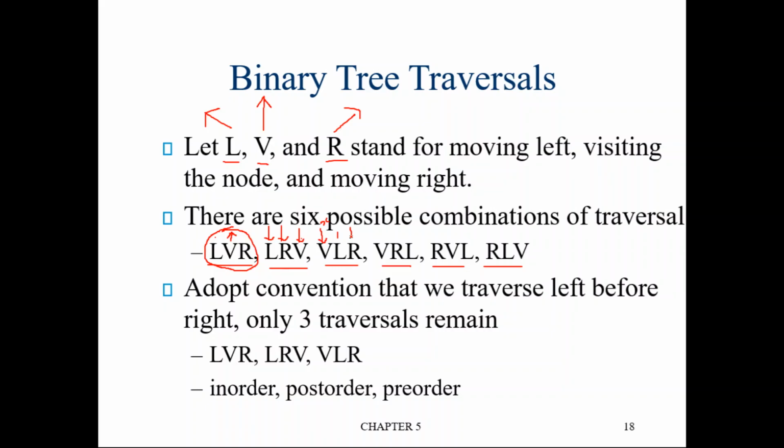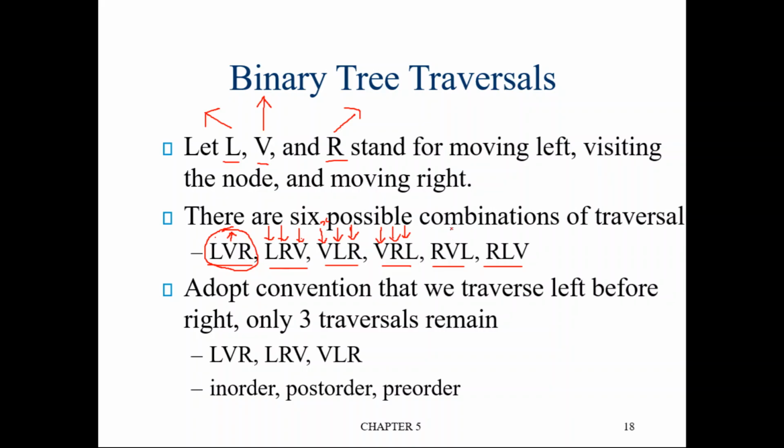In the traversing process, at one point of time you may be at a given node, which we are calling X. So VLR means first visit that node, then go to its left child, and then its right child. VRL means first visit that particular node X, then visit its right child, and then visit its left child.